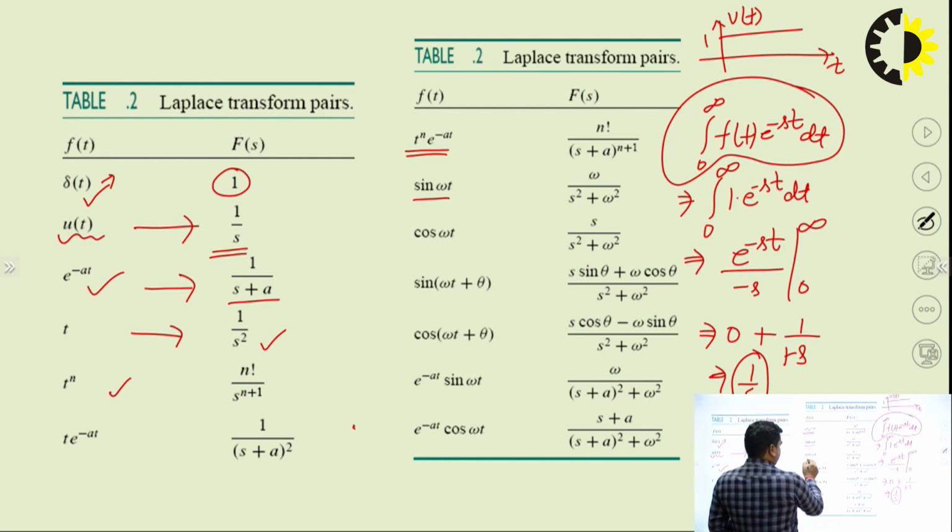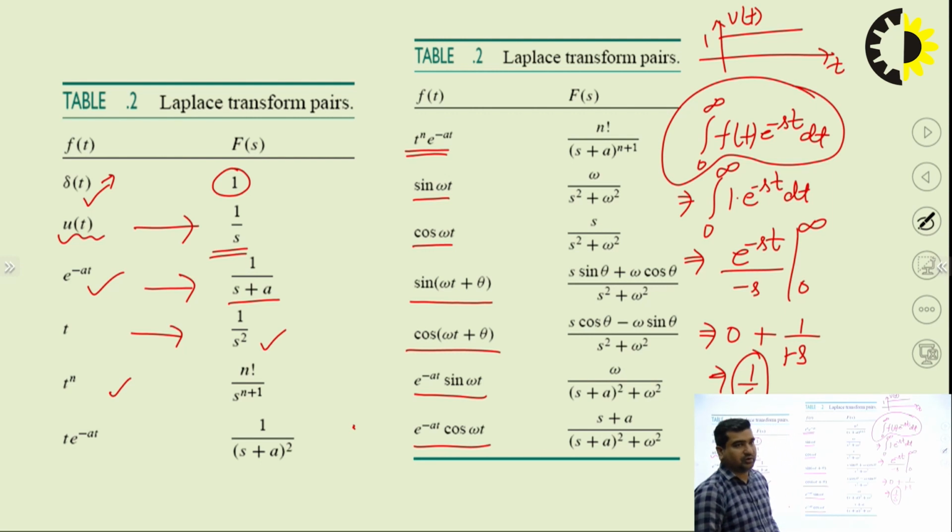Here are two important trigonometrical functions: sine omega t is omega upon s square plus omega square, cos omega t is s upon s square plus omega square, and sine omega t plus theta becomes this expression.